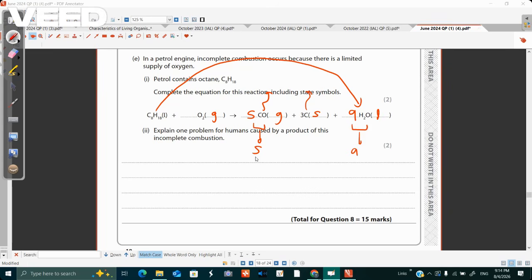So altogether 14 oxygen atoms are released. So all these 14 atoms are released from the oxygen. 14 atoms are contained in what? 7 oxygen molecules. 7 times 2 is 14. Right? That is how you balance it sufficiently fast.